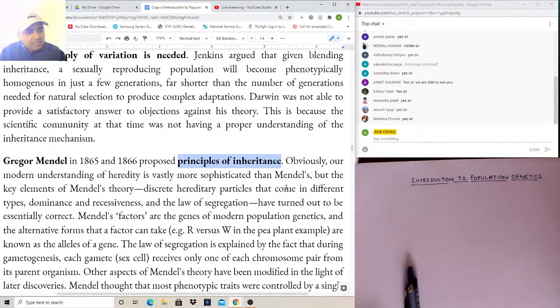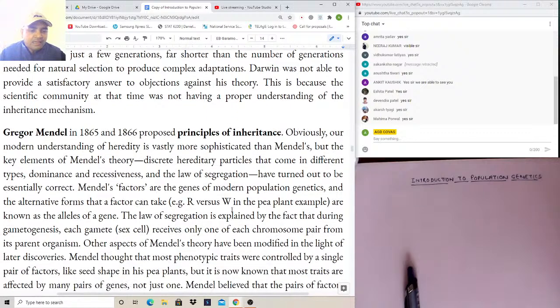Okay, obviously our modern understanding of heredity is vastly more sophisticated than Mendel's, but key elements of Mendel's theory, that is, discrete hereditary particles, the genes, which he called discrete hereditary particles that come in different types, dominance and recessiveness, and the law of segregation have turned out to be essentially correct.